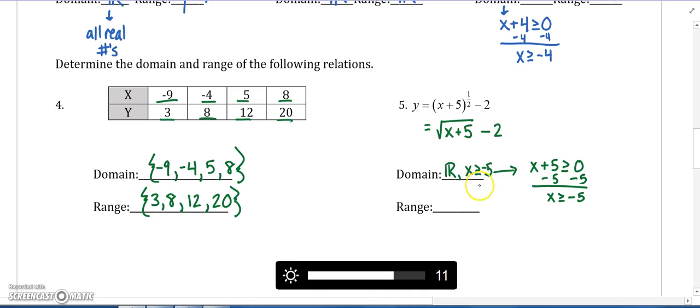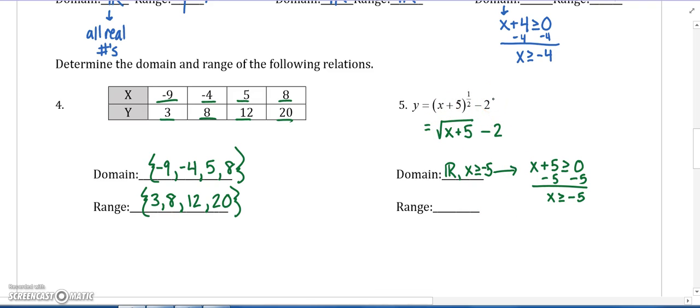Now remember before I said the range, it's easiest to look at the graph. Well, you could type this into your calculator and get the graph, or you could do it by hand since that's what we've been talking about. But the other way to do it, just using the equation, is to look at this number out here. That's our shift, in this case down 2. That's what's going to impact our range for these square root functions.